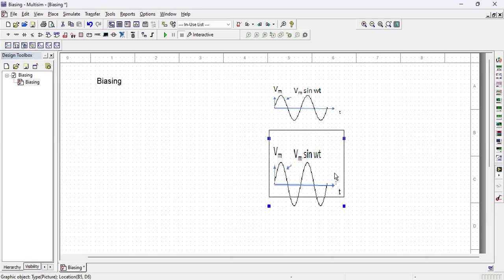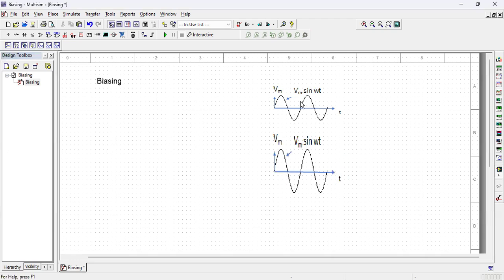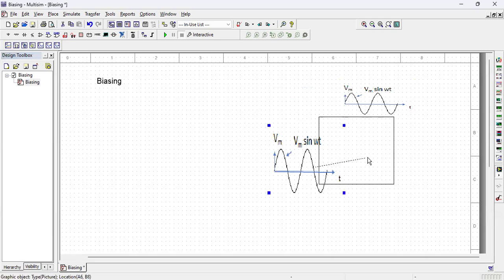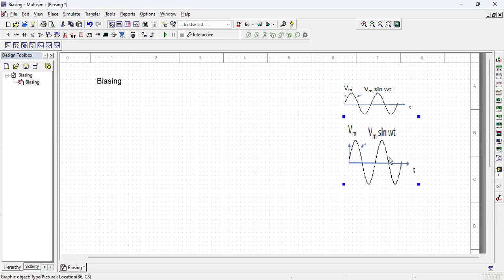If the input is small, then the output should be large. That is what comes to our mind when we think of an amplifier.